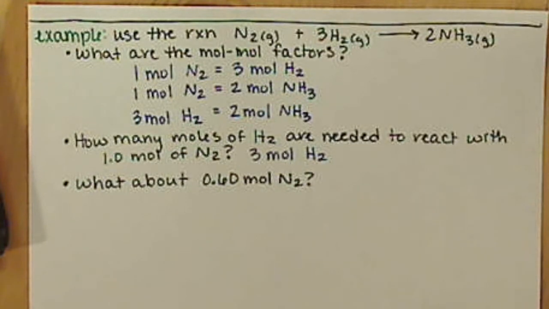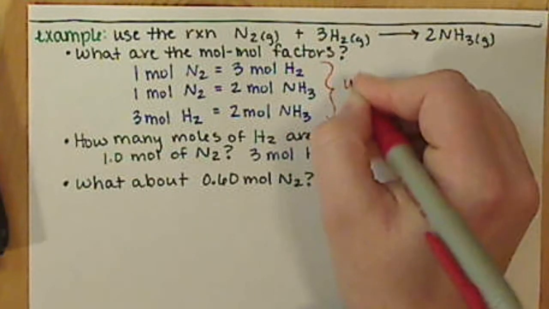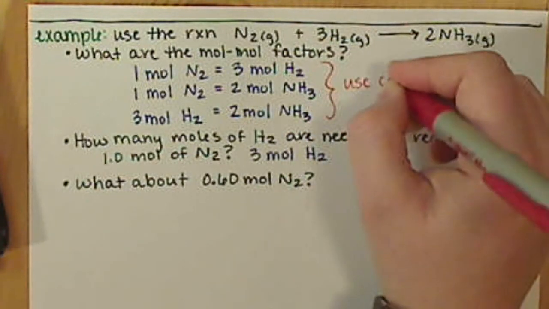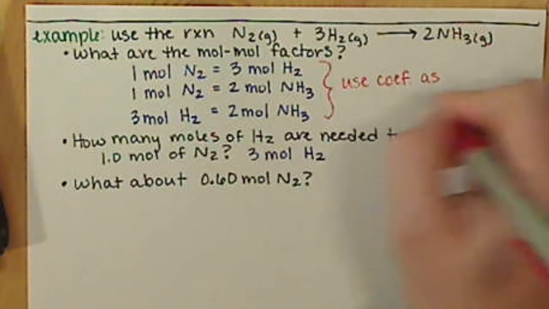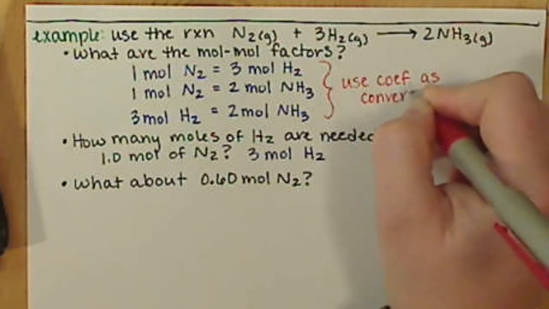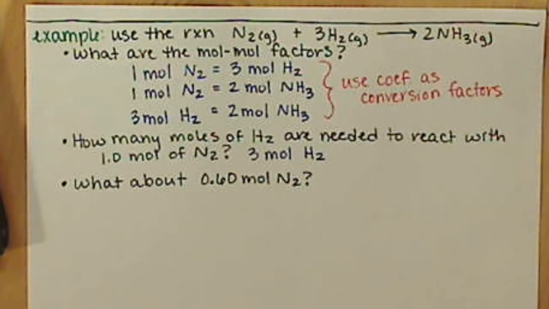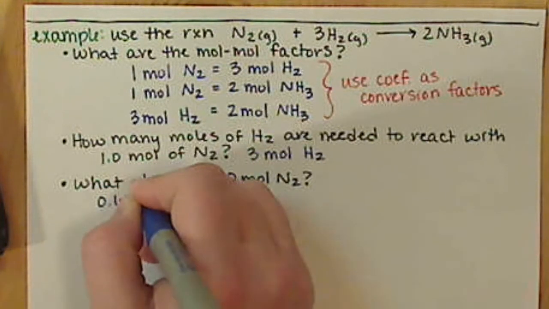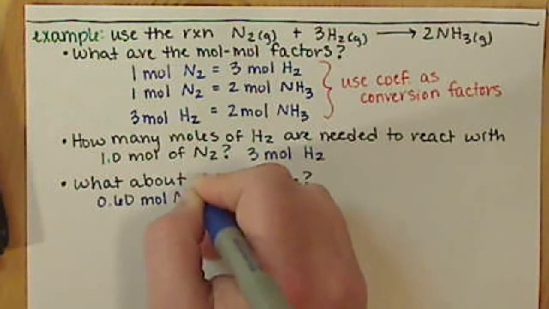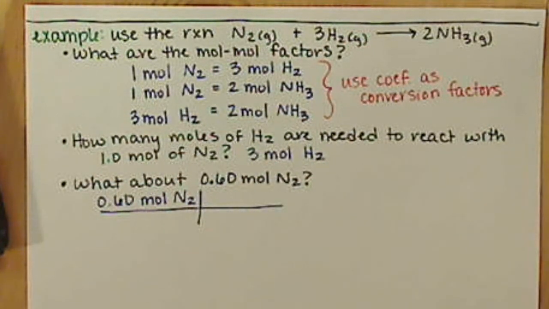Basically, what we want to do is use our coefficients, which is how we got to these, as conversion factors. So we're going to start with our 0.60 moles of nitrogen. We want to convert from moles of nitrogen to moles of hydrogen.